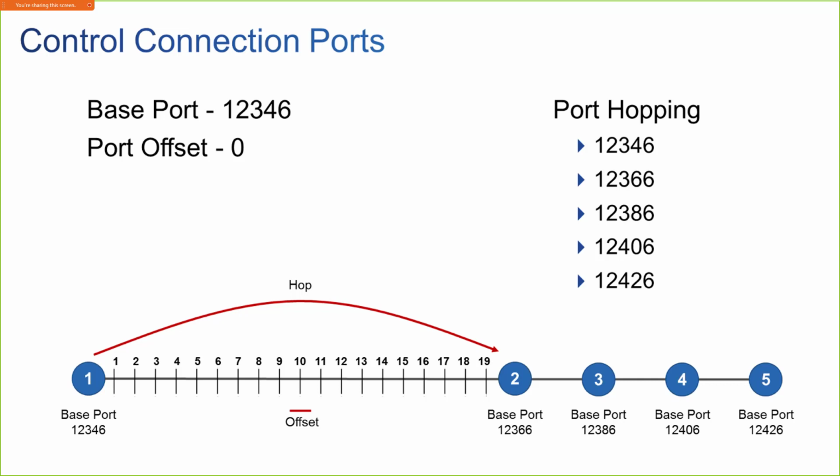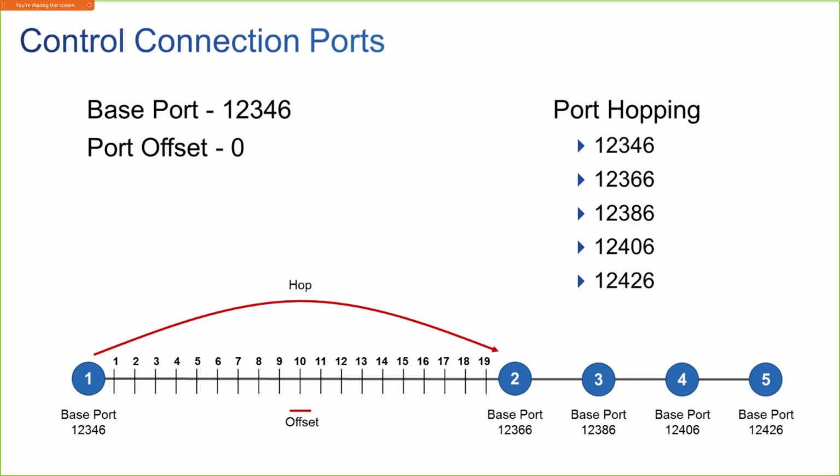Typically you're going to see port offsets when you have multiple vEdge devices that sit behind a single NAT device, which means they're going to have the same IP address because typically we're using some overload NAT or something like that, and that's where the offset comes into play.